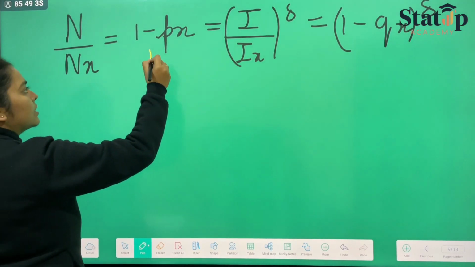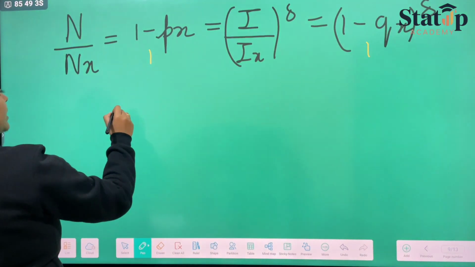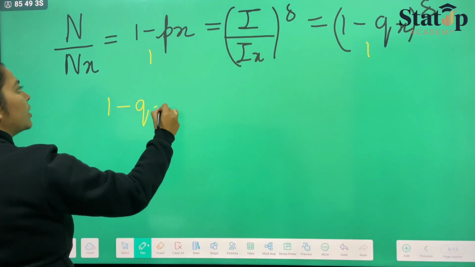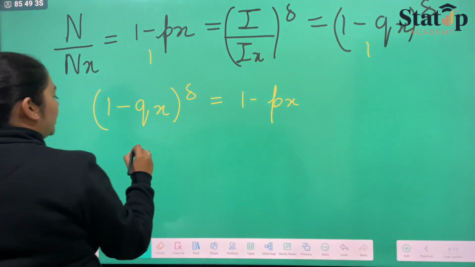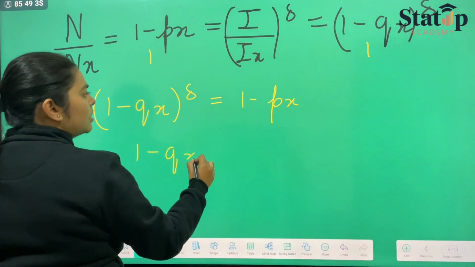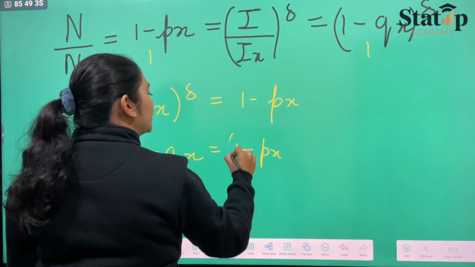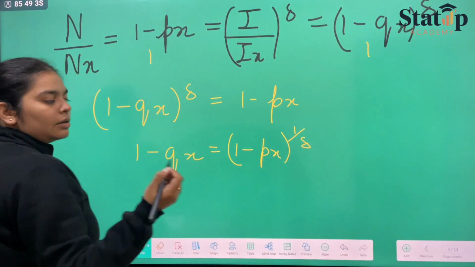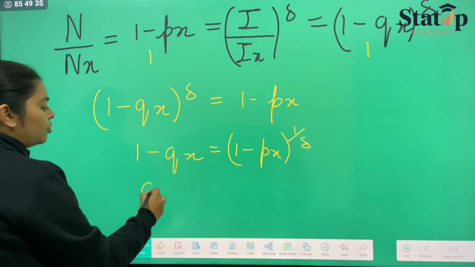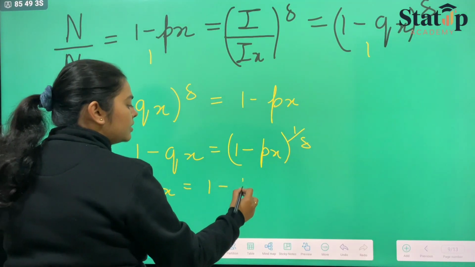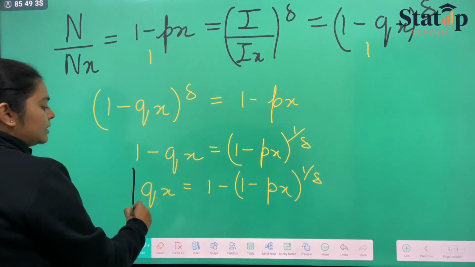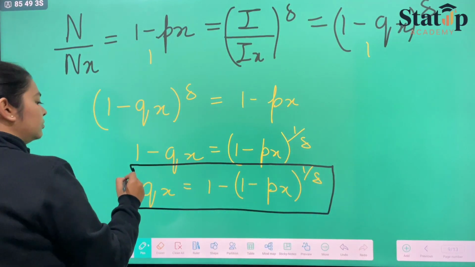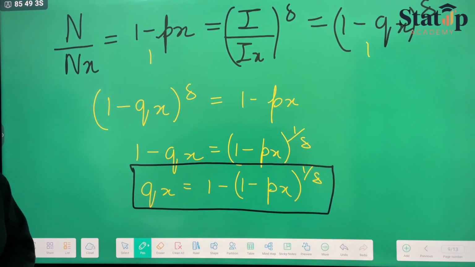then if we take this equation and this equation, we will be getting 1 minus qx raised to the power delta is equal to 1 minus px, which again is 1 minus qx equals 1 minus px raised to the power 1 upon delta, where delta is nothing but v upon v plus 1, and qx is nothing but 1 minus px raised to the power 1 upon delta, where px is nothing but the total number of people having income less than or equal to x.